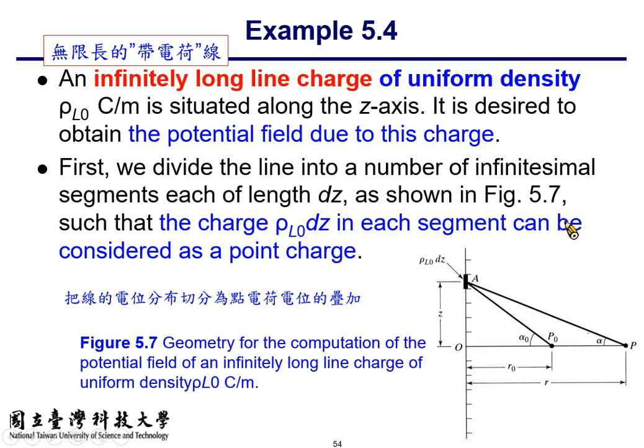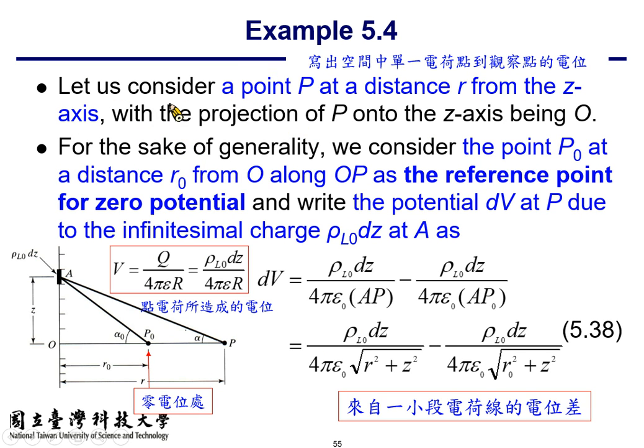But this time we will try to solve this problem using electric potential. So here is the expression for a point charge. The electrical potential built up by a point charge is Q over 4 pi epsilon r, and Q can be replaced with rho sub L0 times dz, the length of the short line charge.